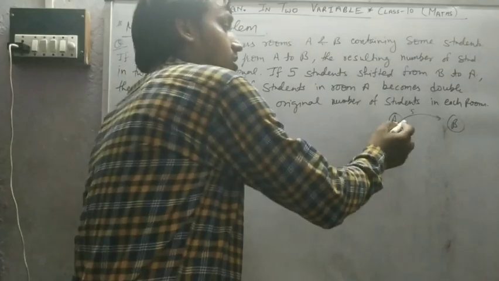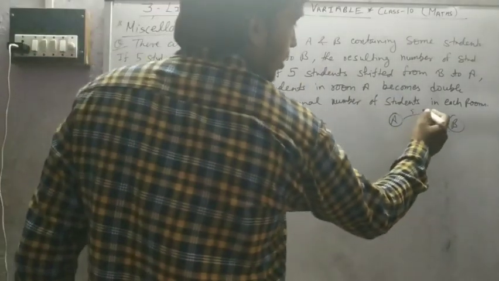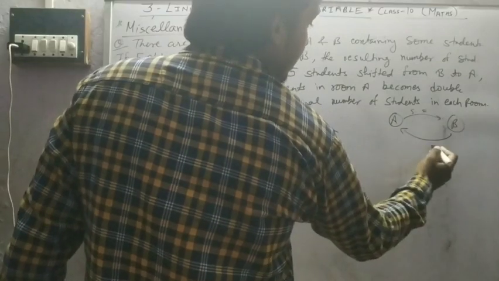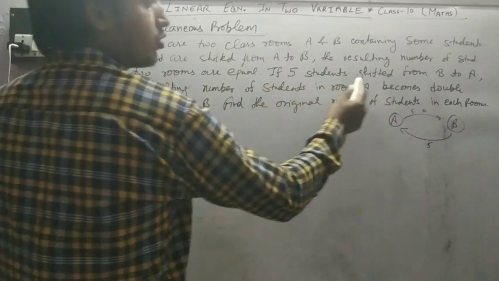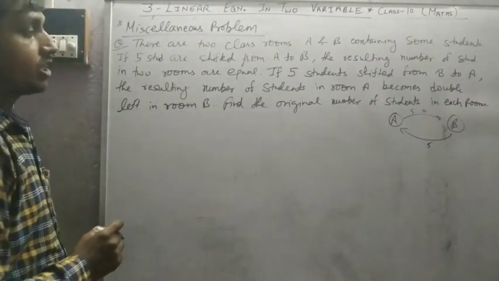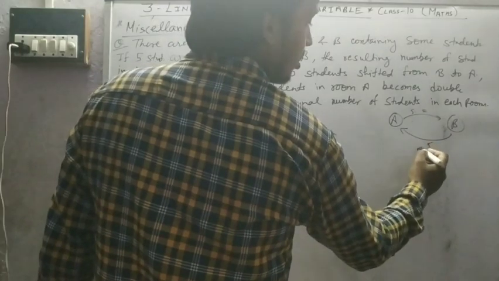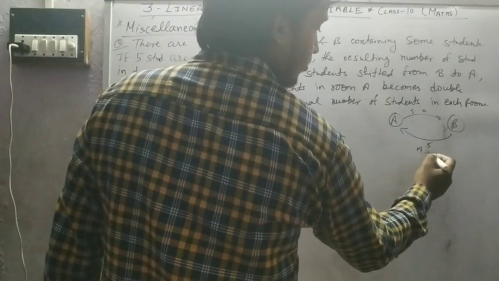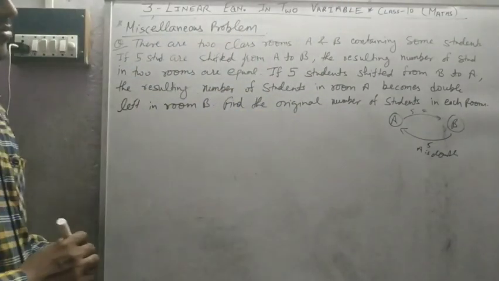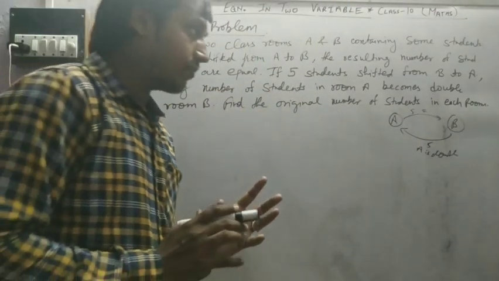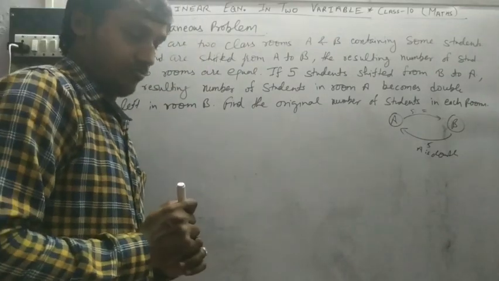But if 5 students are shifted from B to A, the resulting number of students in room A is double that of B. So we have two cases. Find the original number of students in each room.